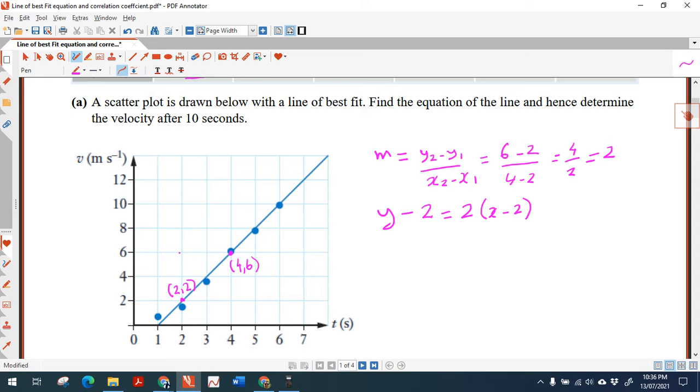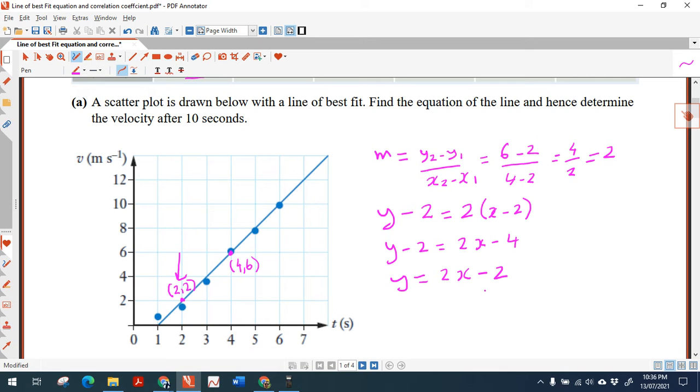So I'm just using this point here for my x1 and y1. Okay, so we can expand the brackets. So you've got 2x minus 4, and then y, so you've got 2x minus 4 plus 2 is minus 2.